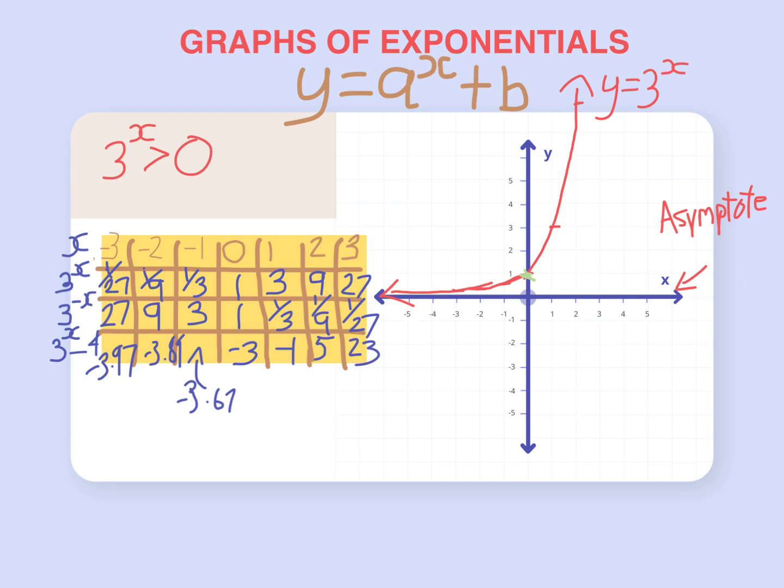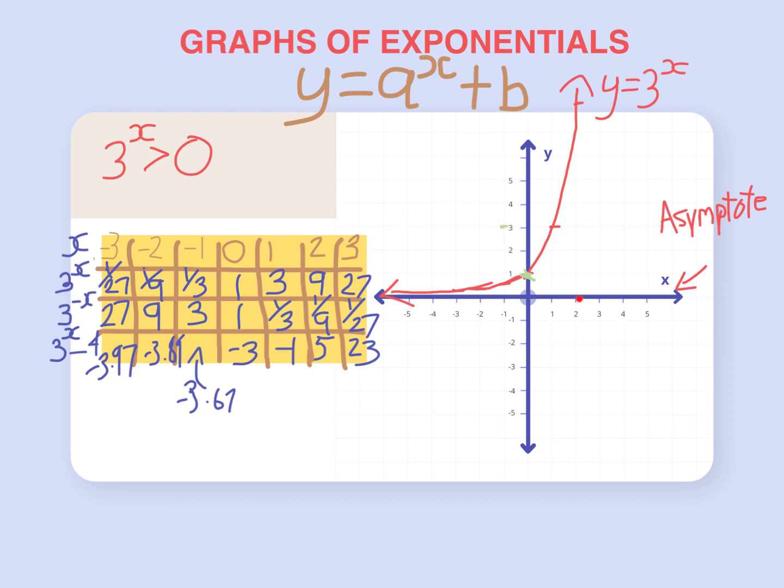But the other points are just reflections. We know, for example, 3 to the power of 1 was 3. So in this graph, x equals 1, y equals 3. But for y equals 3 to the minus x, it will be x equals negative 1, y equals 3. So it will go through this point here, negative 1, 3.